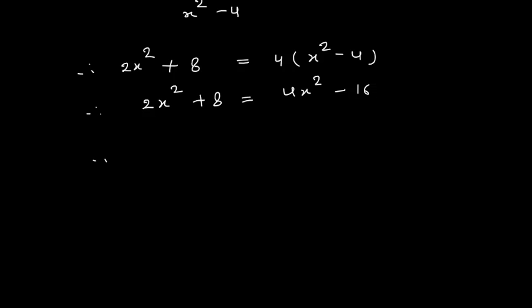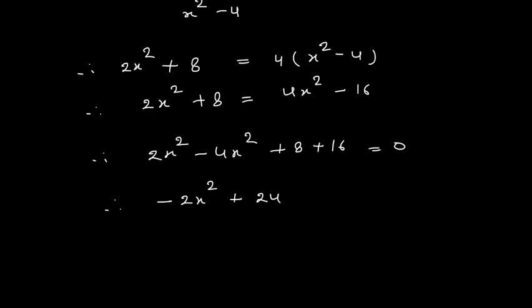So therefore what we do, we move everything to the left hand side. So it is 2x square minus 4x square plus 8 plus 16 is equal to 0. So here 2x square minus 4x square is minus 2x square, plus 16 plus 8, 24, is equal to 0. So therefore let us take minus 2 common.